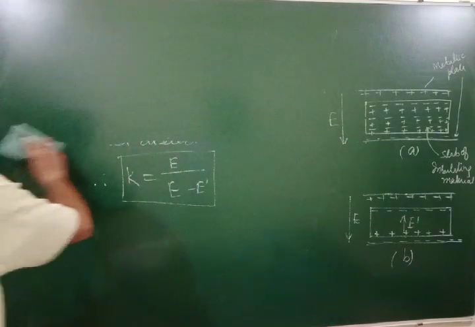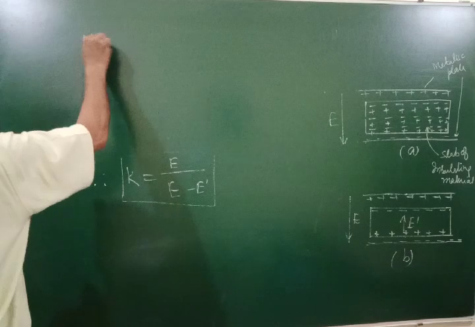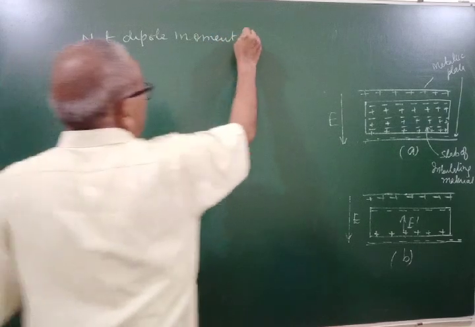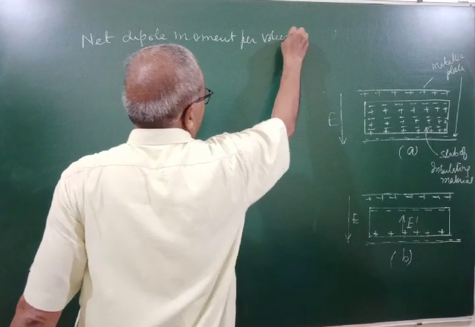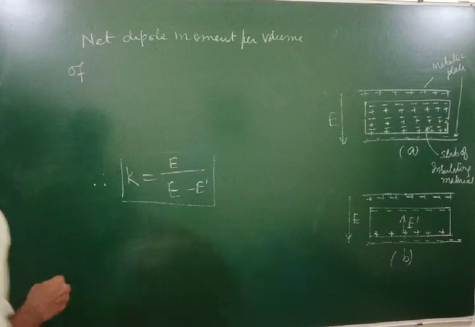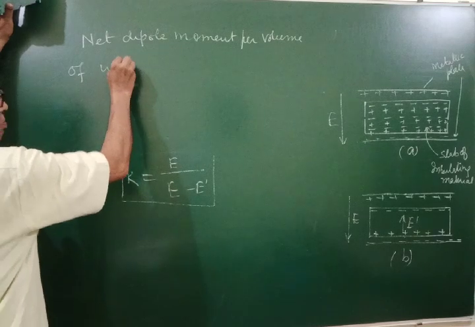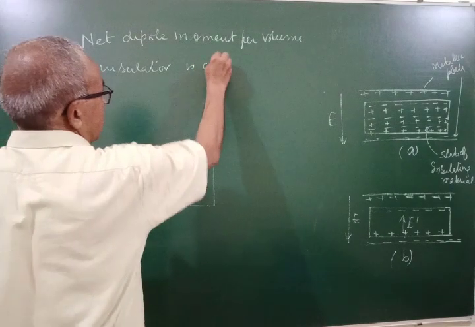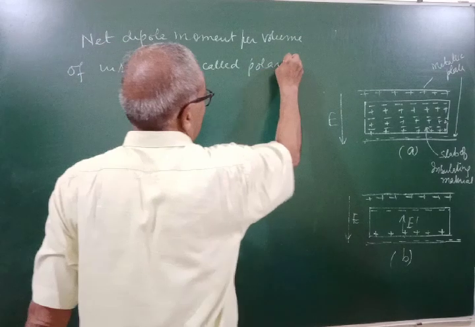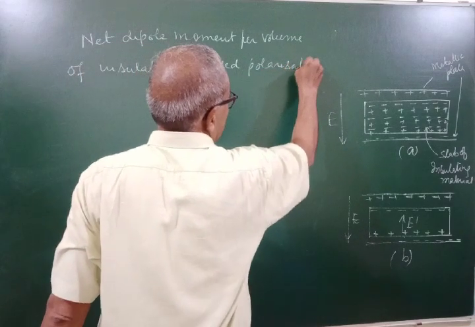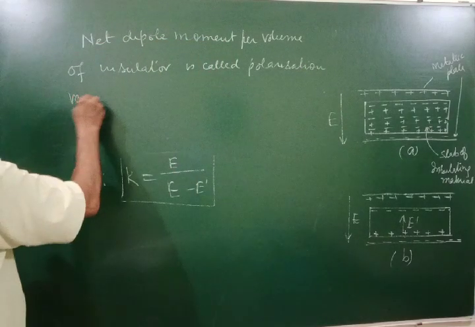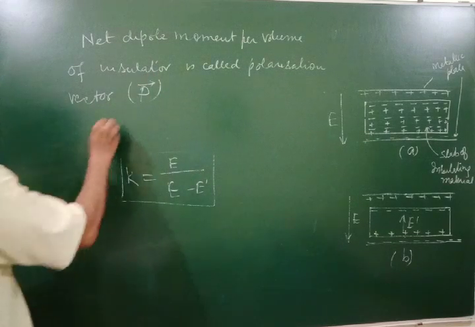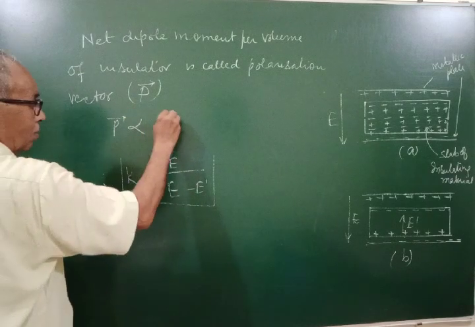The net dipole moment per unit volume of an insulator or dielectric is called the polarization vector, capital P, and this P is proportional to the applied field E.